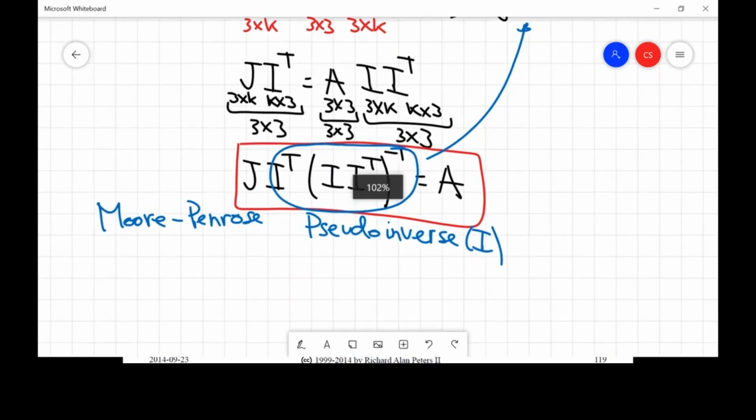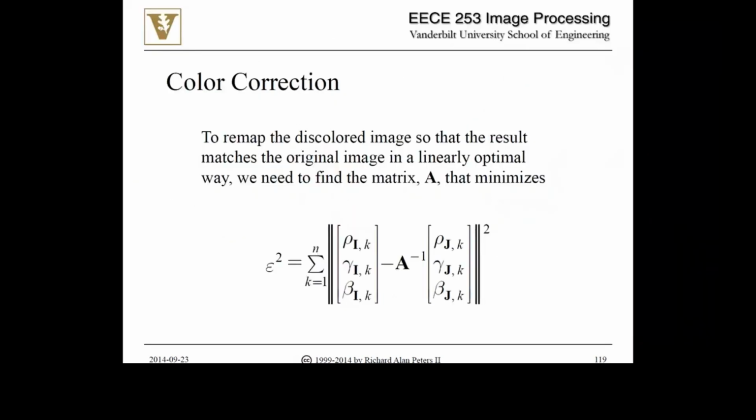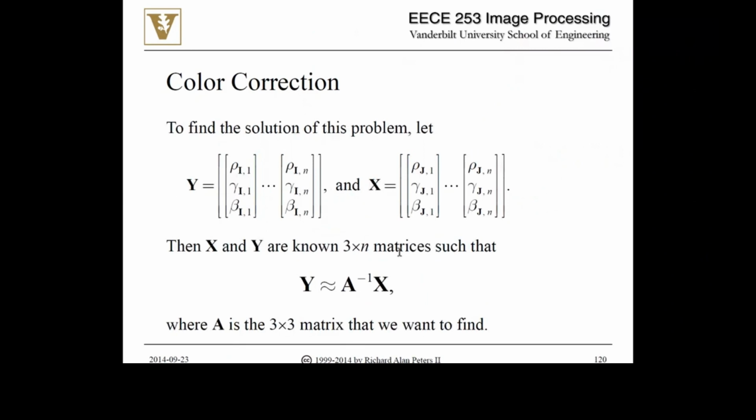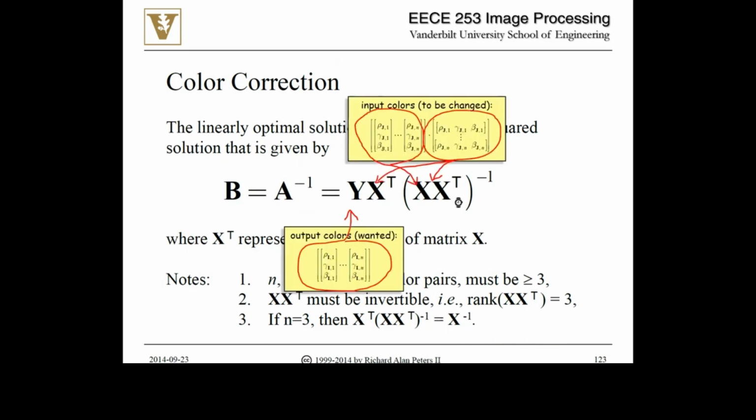Okay, so this is what we want to minimize. For 3 pairings we can invert it, but if not, we need this kind of trick.